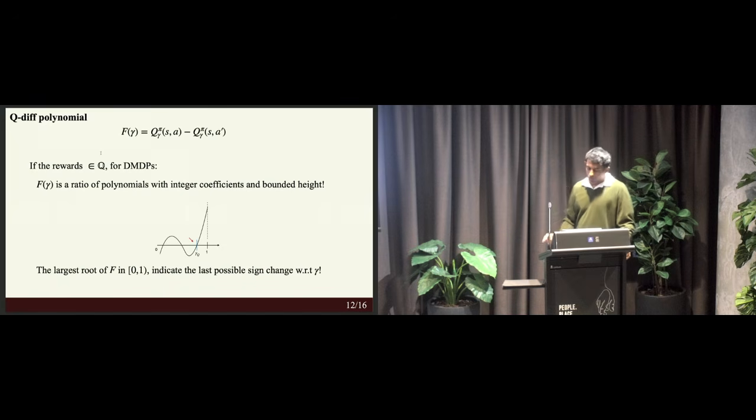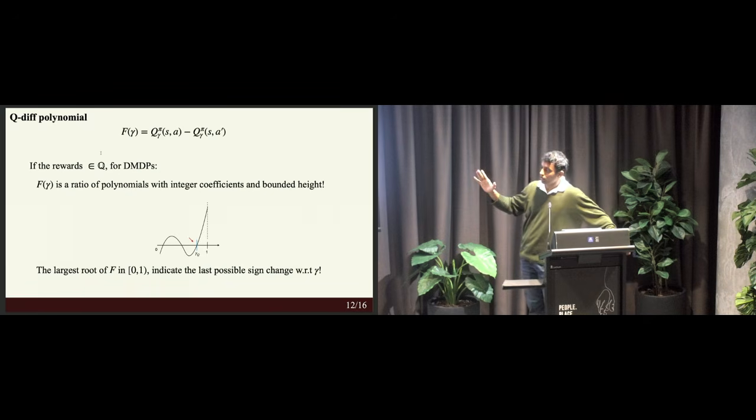Now, if we have a function and if there is no root in one interval, then the function cannot change sign. Now, if we consider the largest root between 0 and 1, remember the discount factor can vary only between 0 and 1, and if we take the largest root before 1, then there is no more sign change possible in that interval from gamma_Q to 1, because that's the last root.